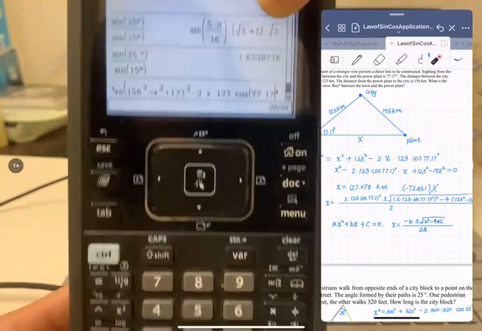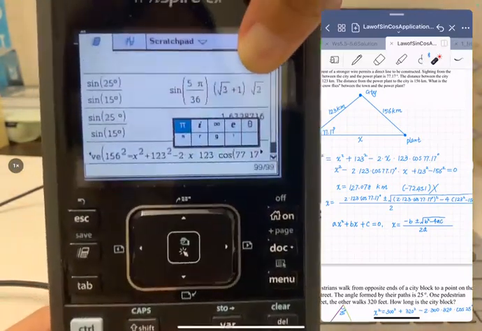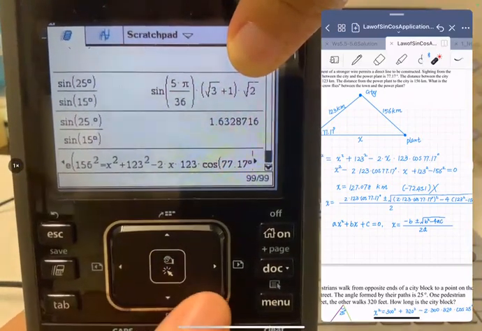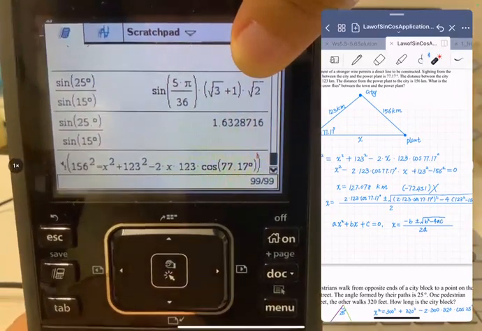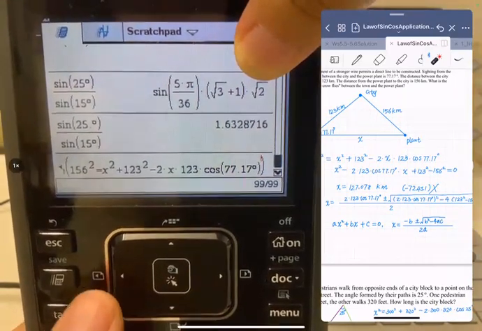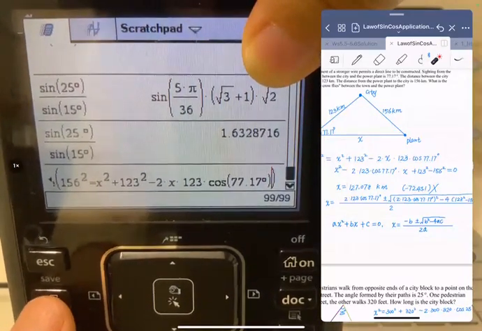I go to the pi button, and then I can choose degree and select. There you go. This is the law of cosine, and this is within the big parentheses.